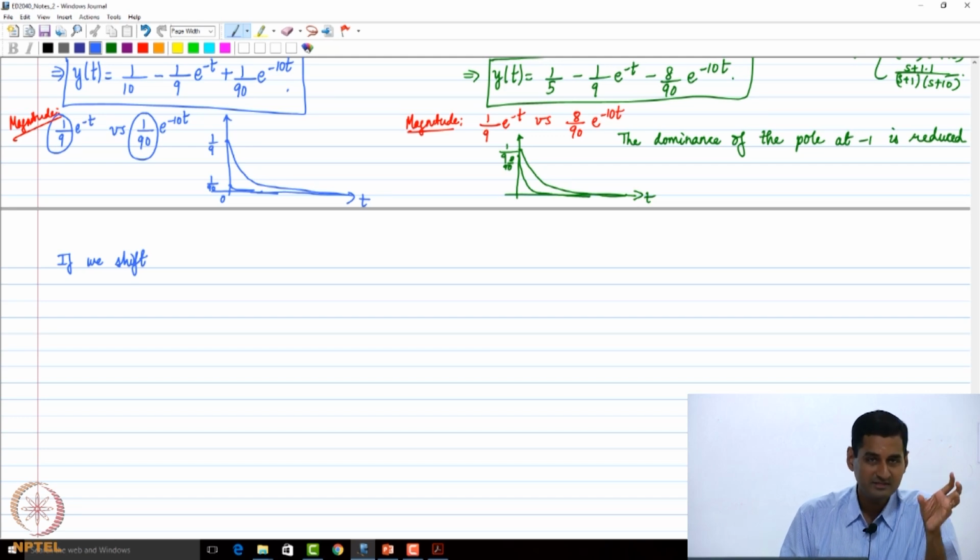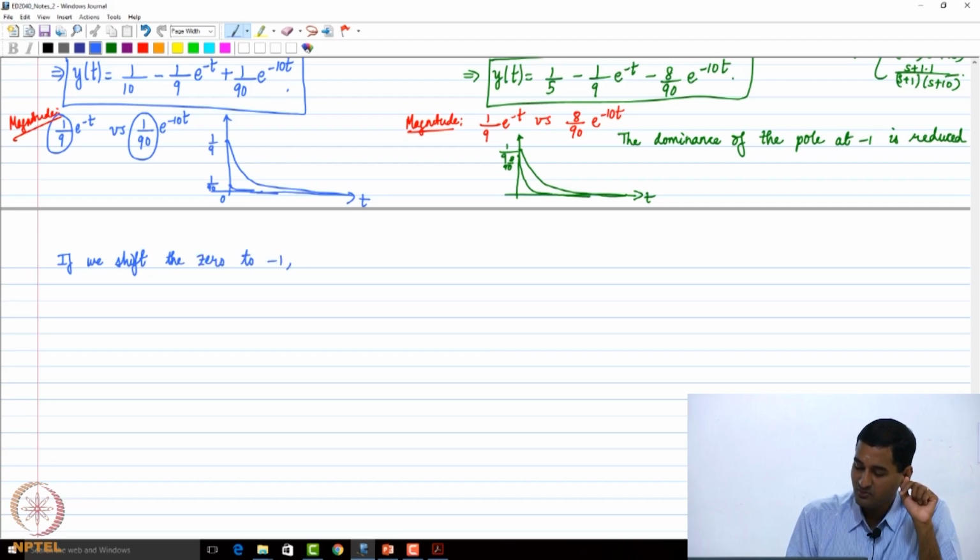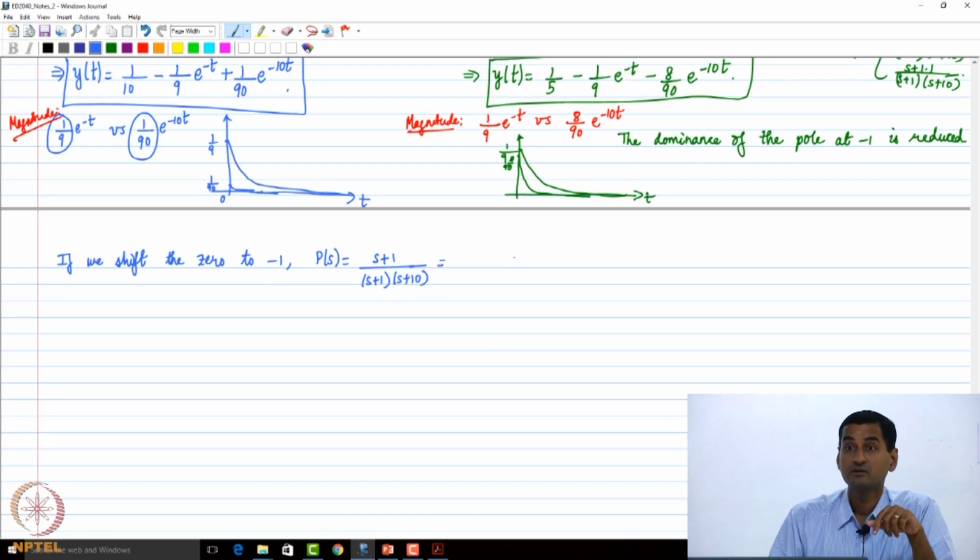Suppose due to some design process I keep on shifting the 0 to minus 1. What's going to happen to P of S? We are going to have S plus 1 divided by S plus 1 times S plus 10. So we'll look at it.